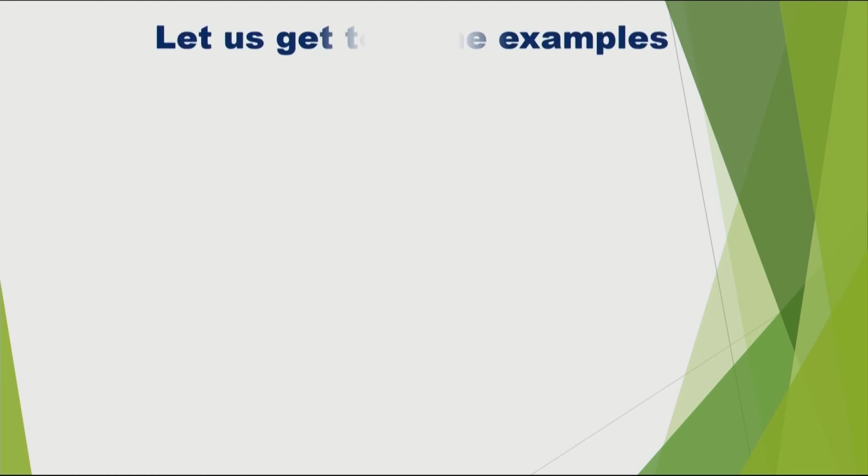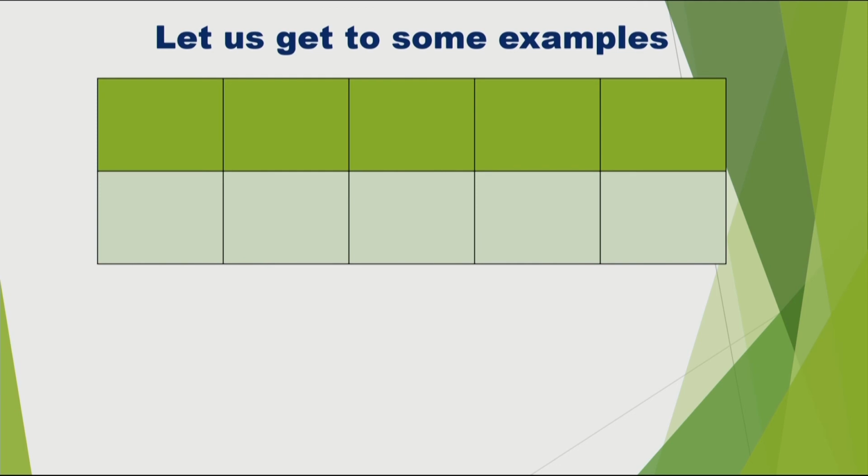Now, let's get into some examples. How are we going to use them? You've got an empty 10 frame here. Let's fill it up with 1, 2, 3. We put the addition sign there on the side. Tell your child that we are going to add using the 10 frames.